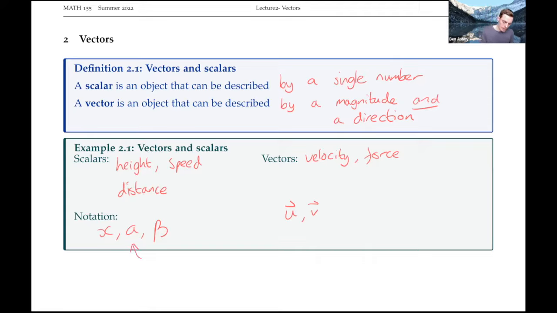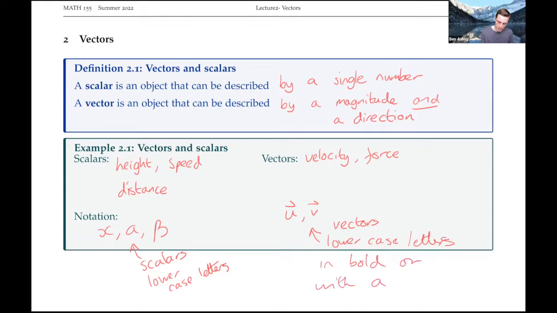So scalars are just lowercase letters, and vectors can be lowercase letters in bold or with arrows. We're going to use the arrow notation for vectors because that helps you to think about the fact that you're moving in some direction with a vector.